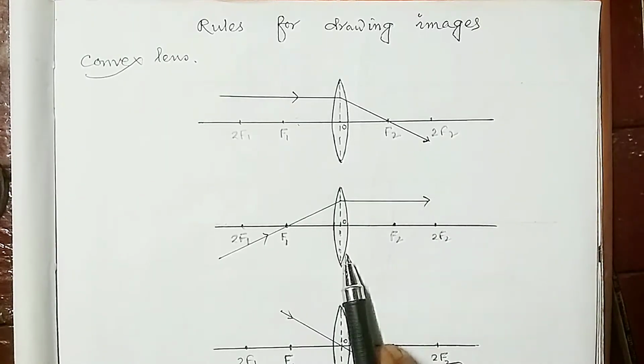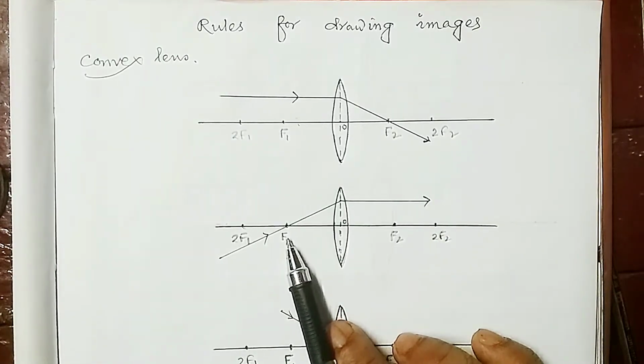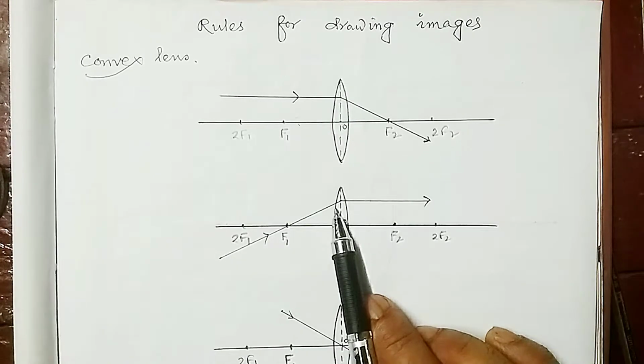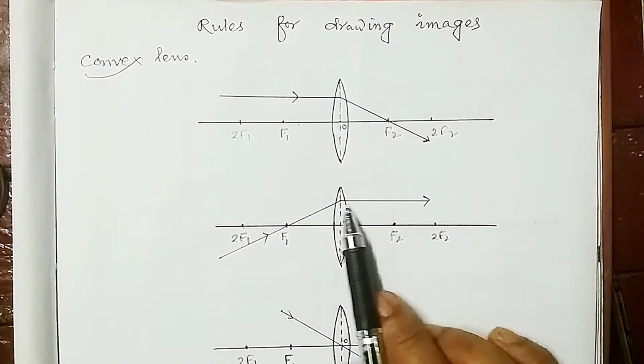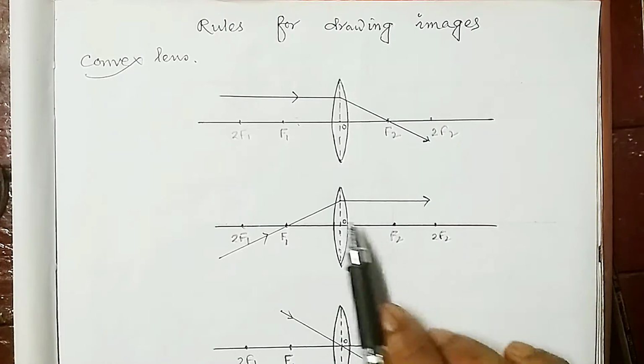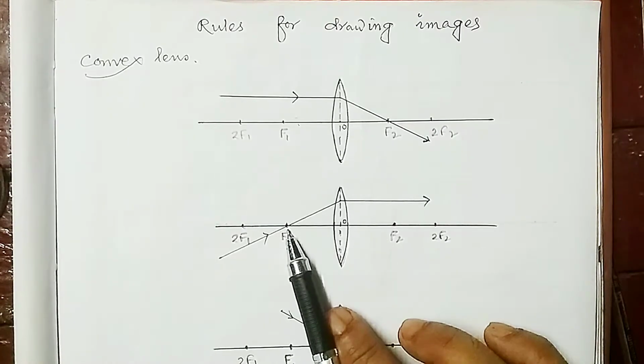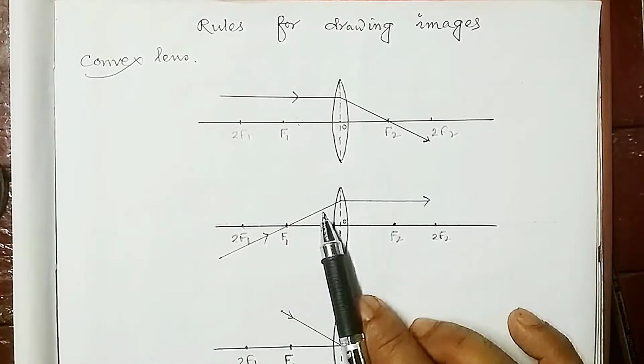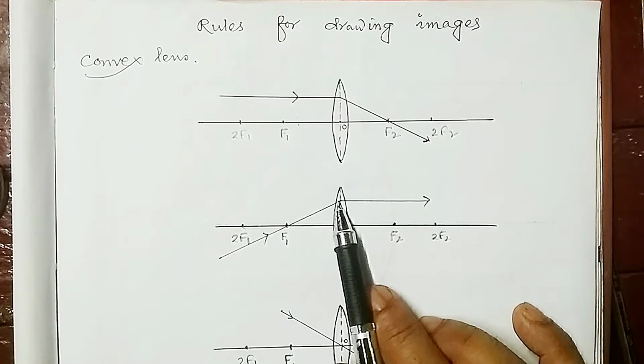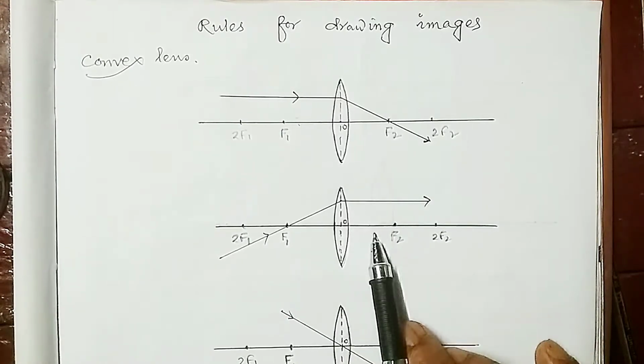Now the second case: any ray of light which passes through the first principal focus, after refraction through the lens, becomes parallel to the principal axis.